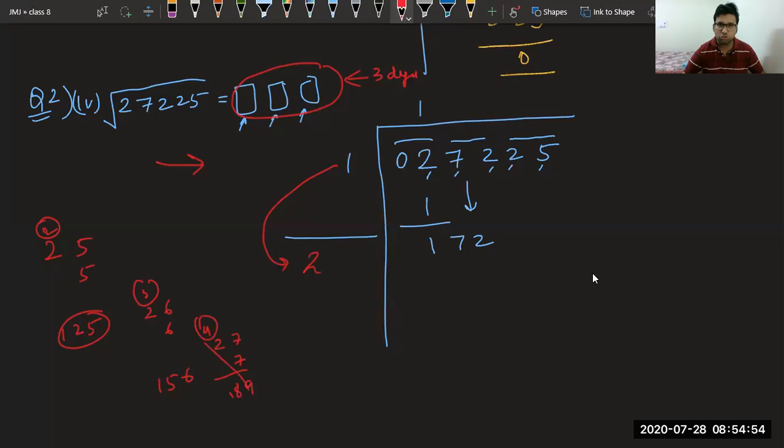So this is more. So we will go with 6 here and here. 6 6s are 36, 6 2s are 12 plus 3, 15. Now what is the remainder? 12 minus 6 is 6. Then 6 minus 5 is 1. We will bring 25 down like this.